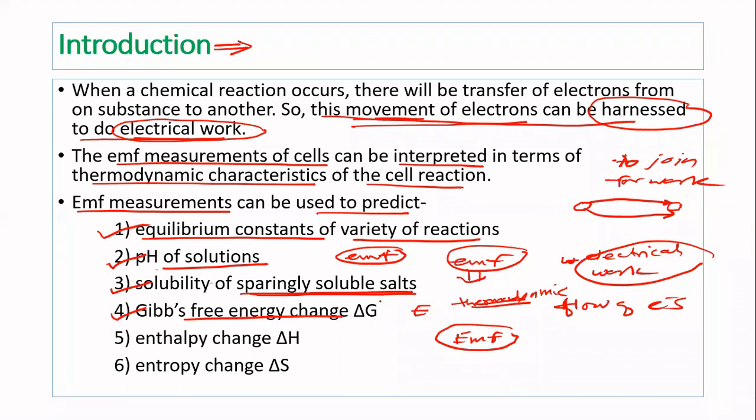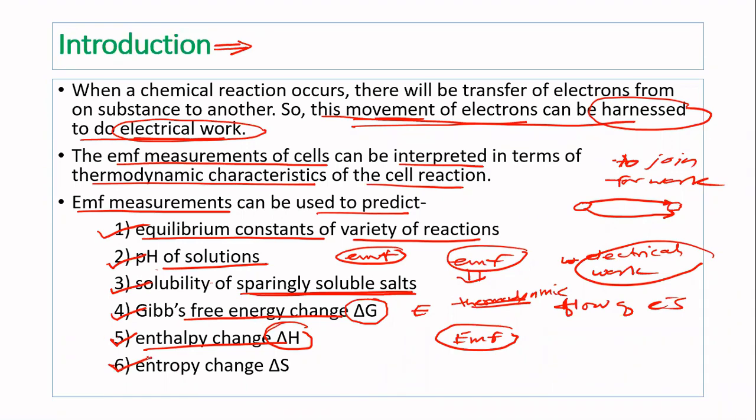If we measure the EMF, we can easily calculate delta G. Delta G is known as free energy change. If you have a notebook, you can take these terms down. The fifth point is enthalpy change, that is delta H. Delta H means enthalpy change. So this delta H can also be calculated by using EMF measurements.